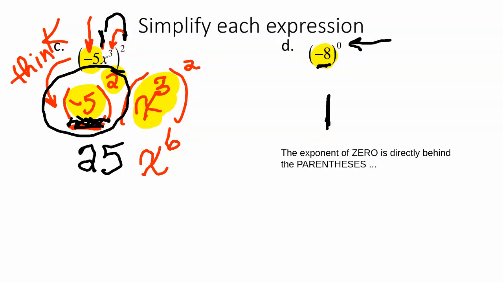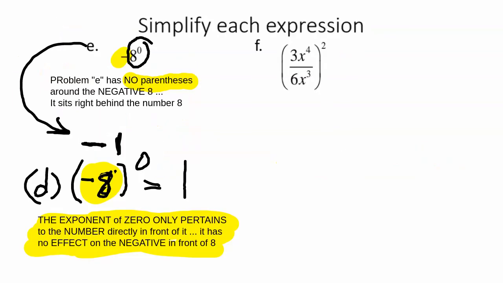The exponent of 0 is, and this is the key, directly behind the parentheses, which means it's dealing with what's in the parentheses. Unlike problem E, -8. Notice that negative is not. Notice right here, the 0 is right behind the 8.